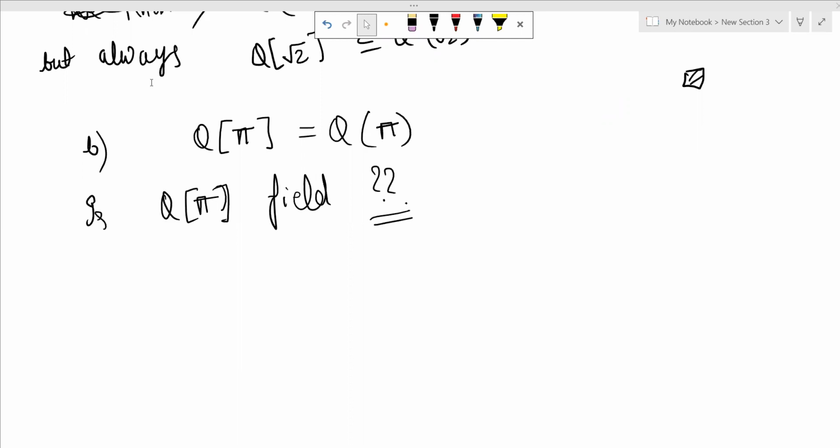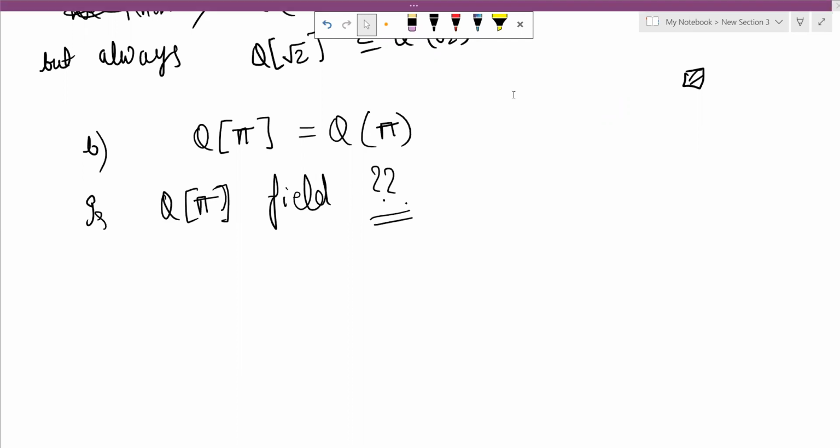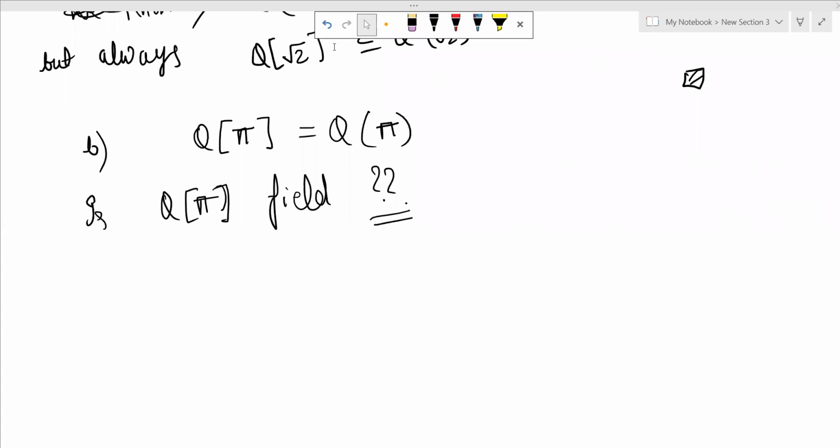No. Why? Why will it not be a field? Pi is a transcendental number. So what? Pi is a transcendental number. So what?